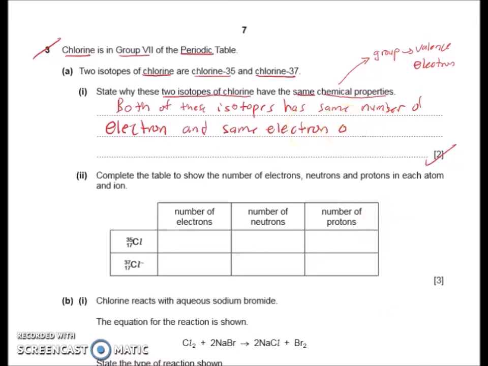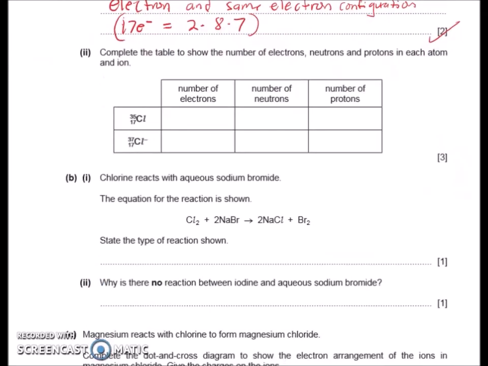You can say configuration or you can say arrangement. So you have 17 electrons there, and we have an electron configuration of 2.8.7. This is the additional information given. So it's 2 marks. So next we move to the next question.